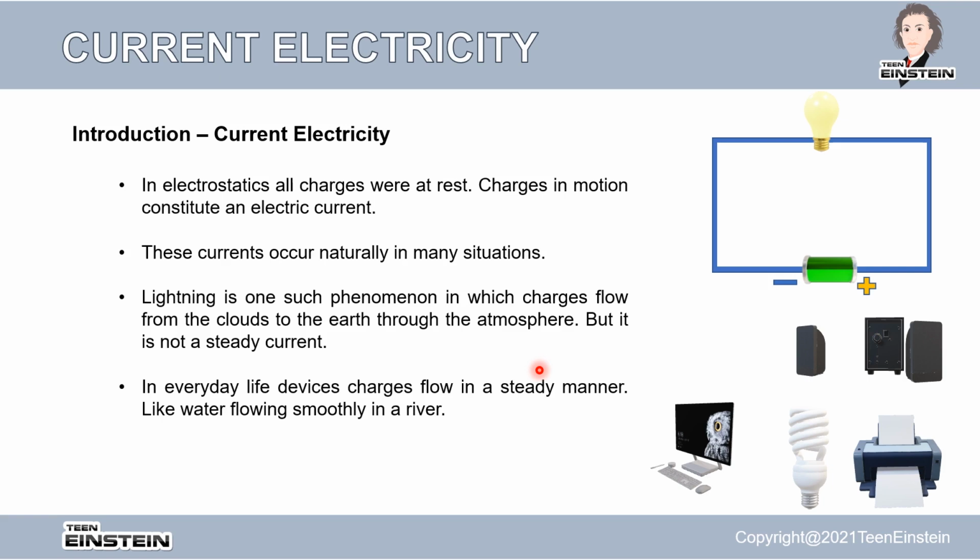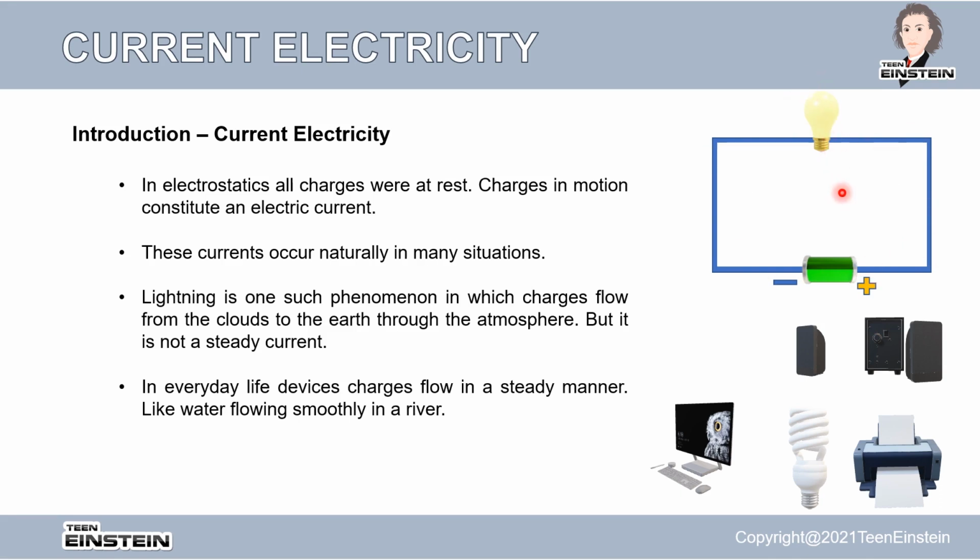So continuous event means if the charges are flowing continuously, like in this kind of a circuit. See, here you see a battery connected to an electric bulb. So the battery, or a cell, is actually driving the electrons to flow in this particular circuit. So the electrons are continuously flowing in the circuit, giving rise to current in the circuit, and the bulb also glows.